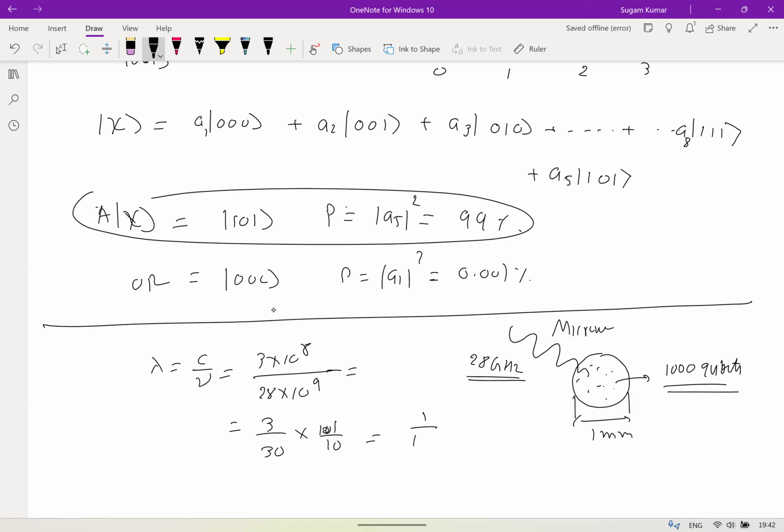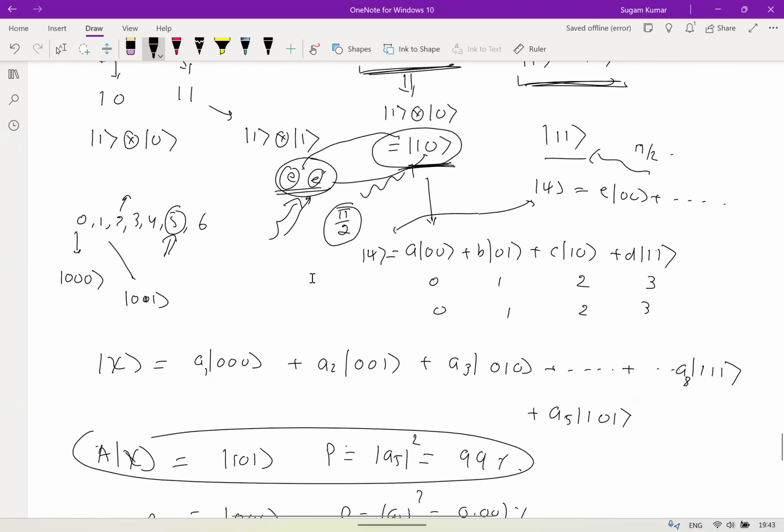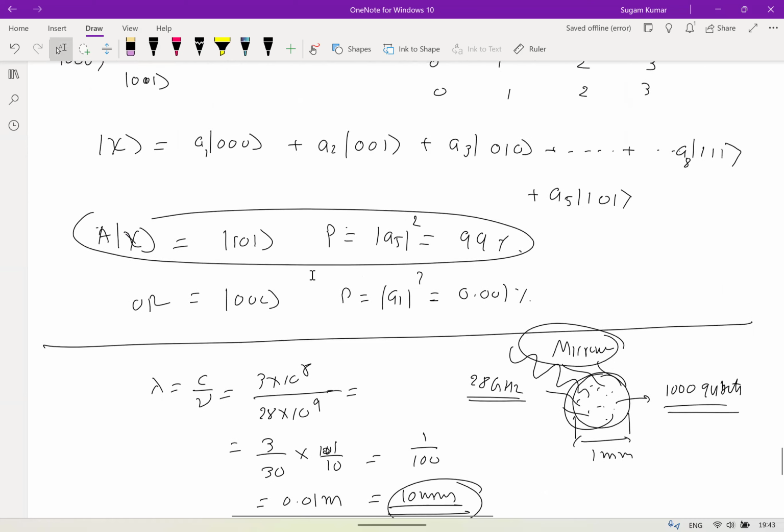So technically it's 1 by 100, or you can say 0.01 meter, which is 10 millimeter, correct? It means when you shine the microwave, it is going to shine everywhere, am I right? Yes. Lambda is 10 millimeter.